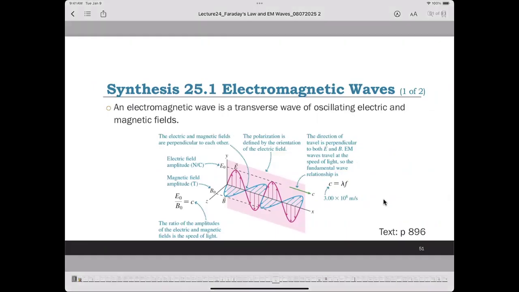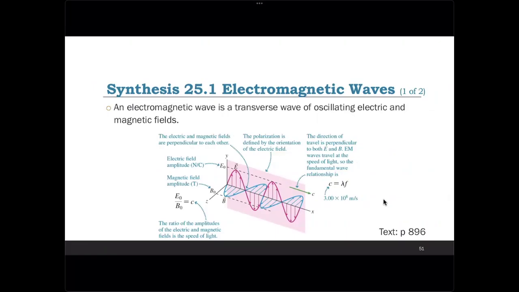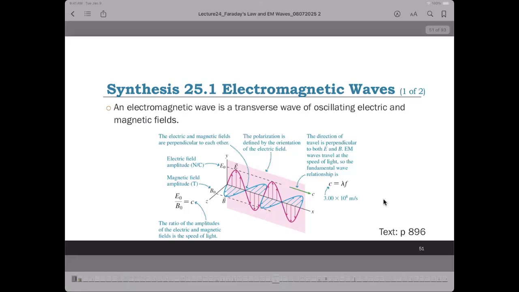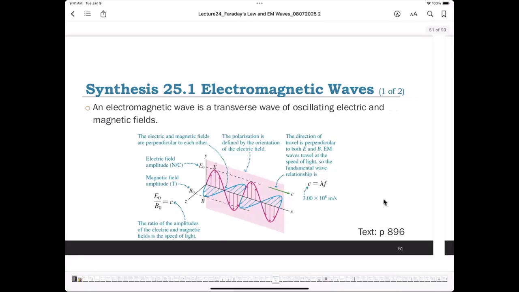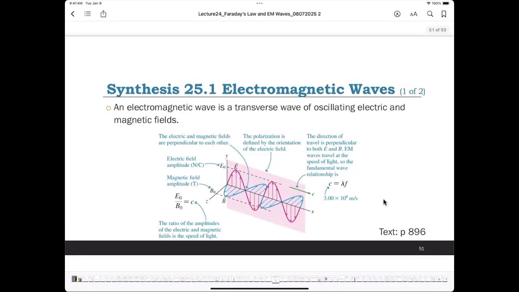Actually, electromagnetic waves are just the combination of the electric and magnetic fields. Here are some features. You can find this image on page 896.